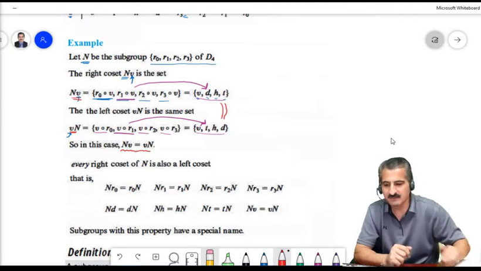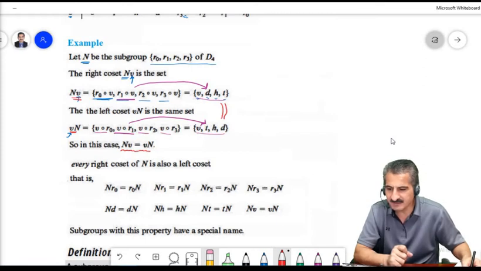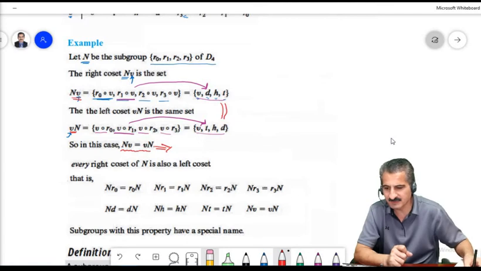Okay, now let me go back to what I wrote here. That does not necessarily mean, let me write this and we will see it again.